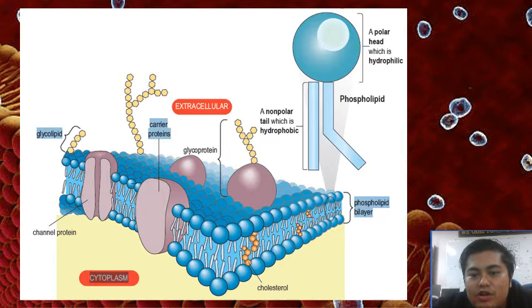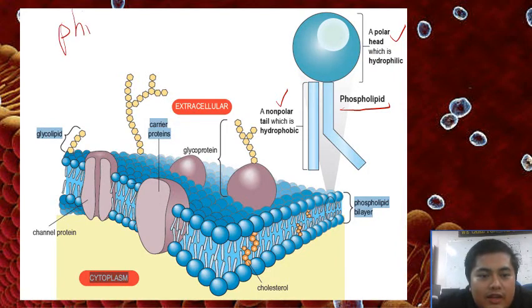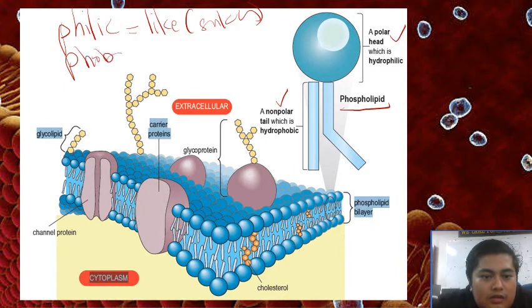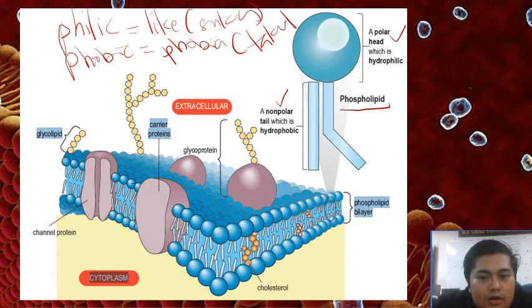Apa kita panggil? Phospholipid. Dia ada polar head, which is hydrophilic, and non-polar tail, which is hydrophobic. Ingat, philic sama dengan like ataupun suka. Phobic pula, phobia ataupun takut.